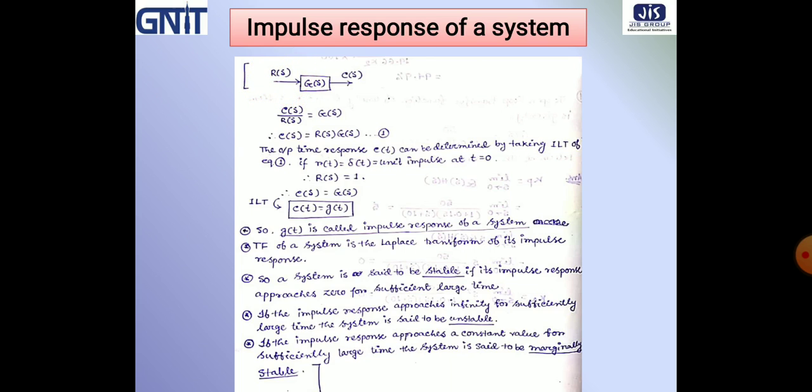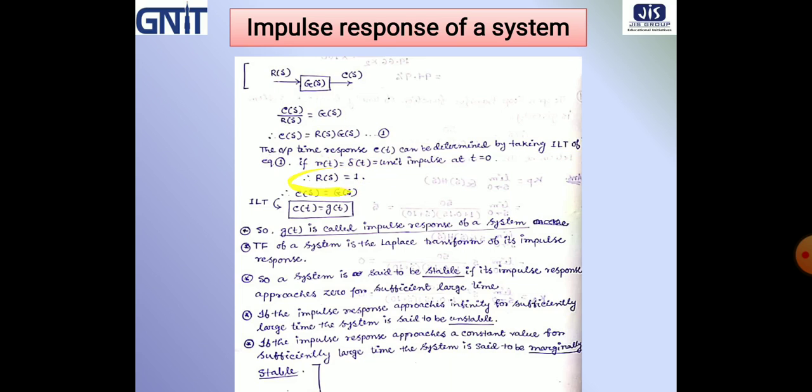We already know that in time domain, the unit impulse is represented by r(t) is equal to delta(t) at t is equal to 0. Now if we apply Laplace transform here, then we find R(s) is equal to 1. If r(t) is equal to delta(t), then by applying Laplace transform we get R(s) is equal to 1.